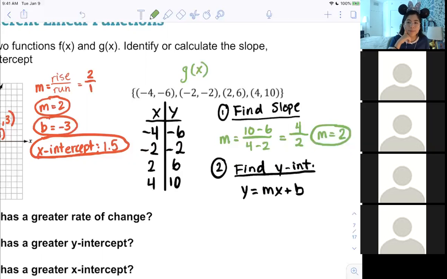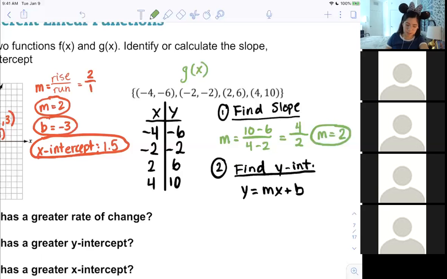What do I plug in? Do you want us to tell you? Yeah. Tell me. m is 2. Okay, so what are you choosing to plug into it? 4.